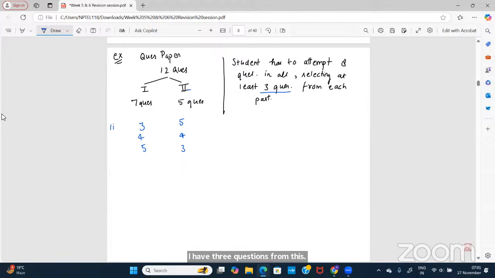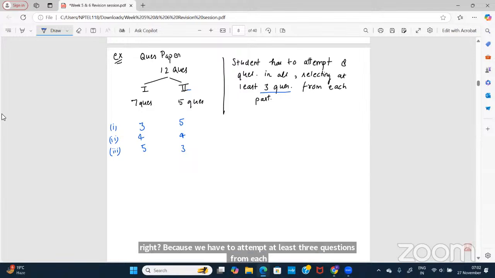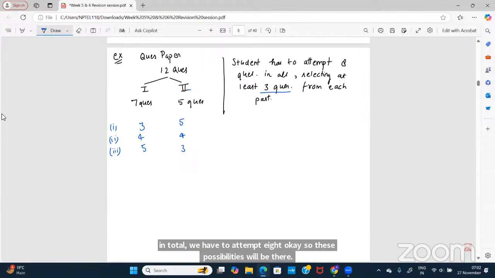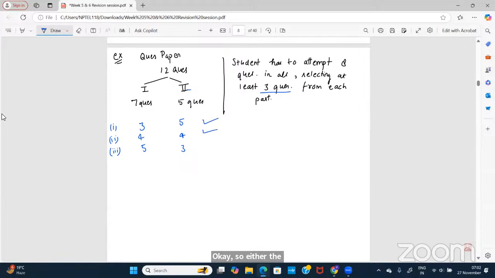So these will be the 3 cases here. Any other case which is possible? No, ma'am. Because we have to attempt at least 3 questions from each, and in total we have to attempt 8. So these possibilities will be there. Either the student can select this option or this or this. 3 different ways are there, right?